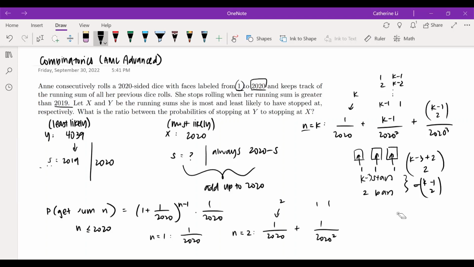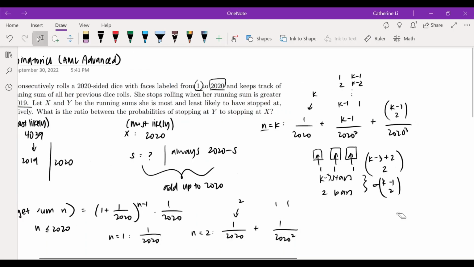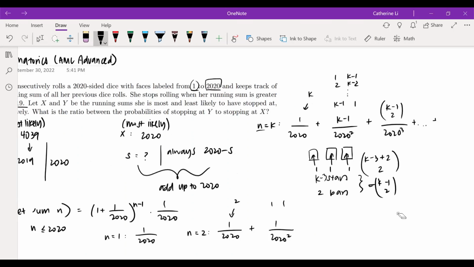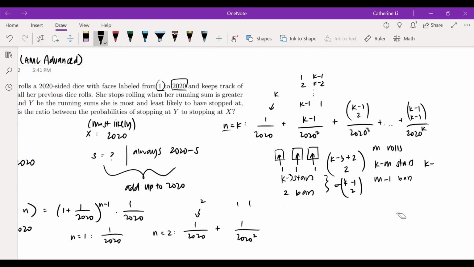So this goes on until we get to k minus 1 choose k minus 1 over 20/20 to the k, where basically, if we have m rolls that add up to k, then we have k minus m stars and then m minus 1 bars, which gives us k minus 1 choose m minus 1, all the way up to m equals k.